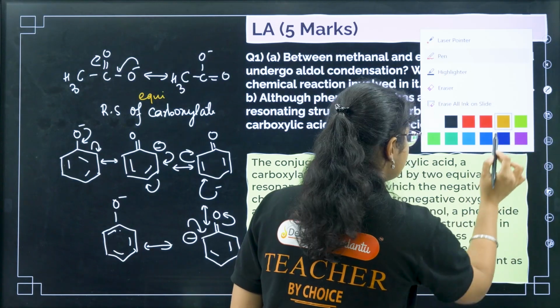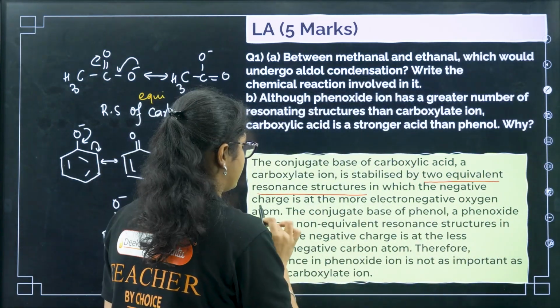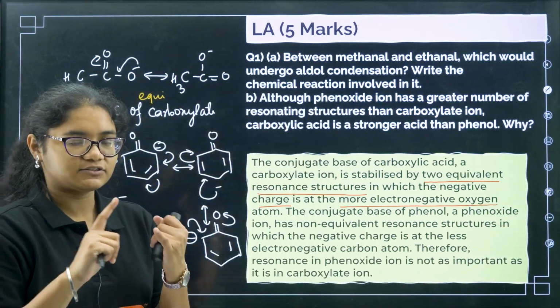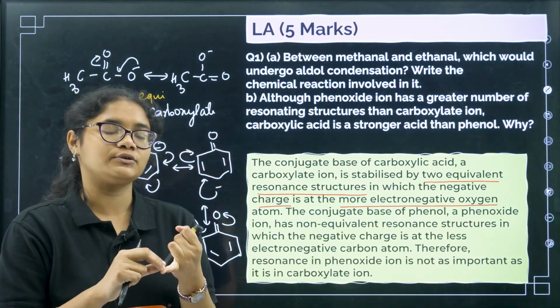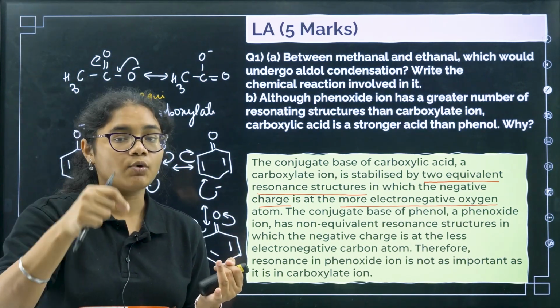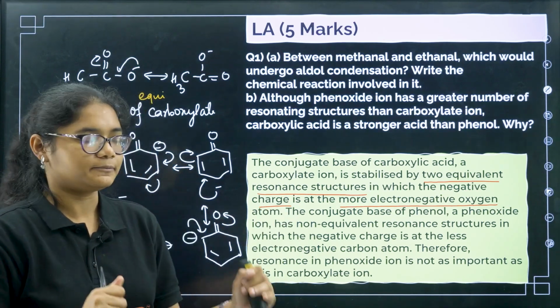What are the two important points? It has two equivalent resonating structures in which the negative charge is at the more electronegative oxygen atom. Okay, first of all, it has two equivalent resonating structures, and the second point is the negative charge is present on the more electronegative atom, that is oxygen. That is why it is more stable.